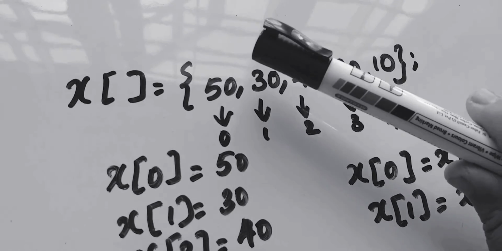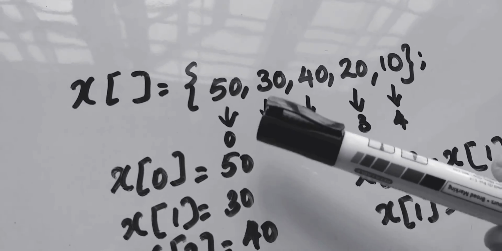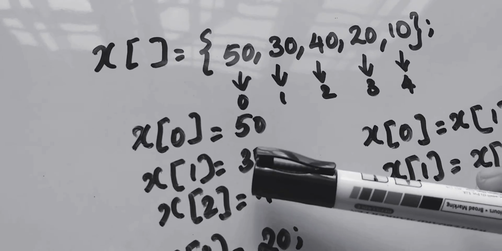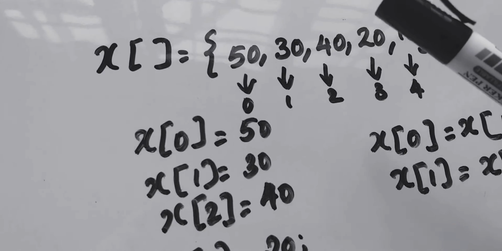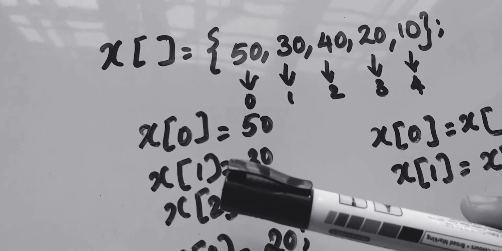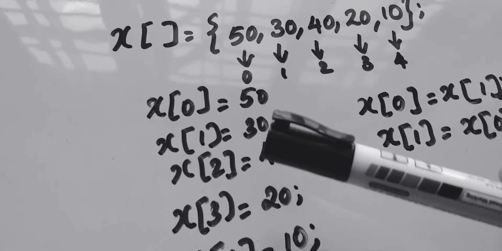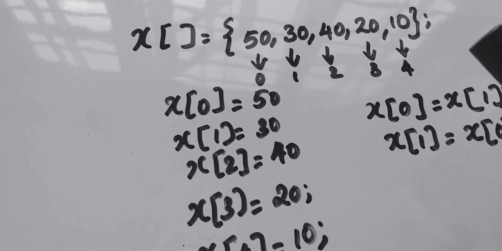So what is the address of the element 50? That is x of 0. So x of 1 equals 30. The address of the element 30 is x of 1. The address of the element 40 is x of 2. The address of the element 20 equals x of 3.